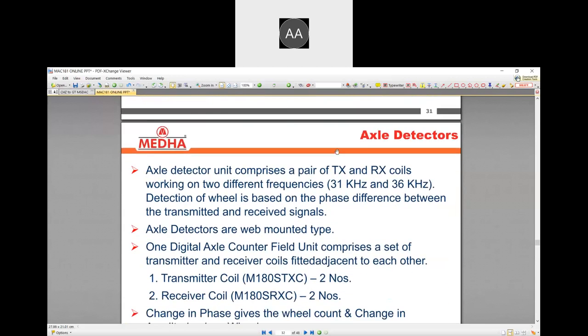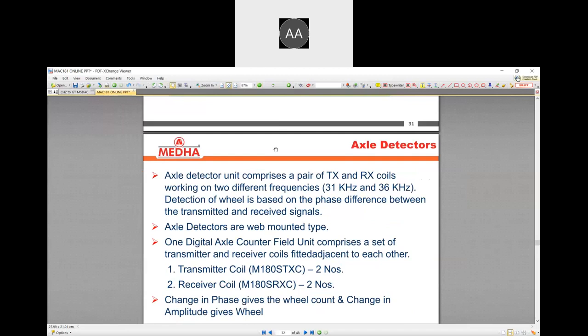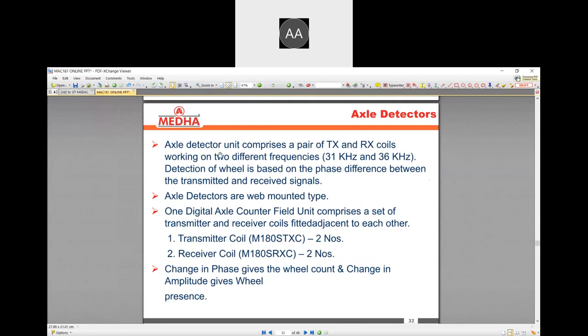Then discussing about the detectors or sensors, I discussed earlier, there will be two pairs of TX and RX coils, which will be working on different frequencies. One of the frequencies is 31 kilohertz. The other frequency is 36 kilohertz, which will be used to detect the presence of wheel on the basis of phase difference.